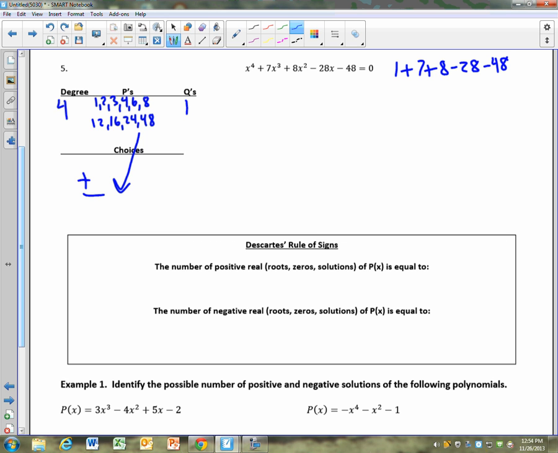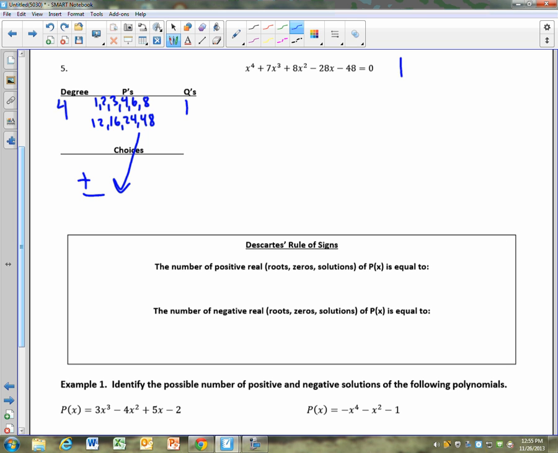Wait a minute. Scott looked at that already and he saw the minus 48 is just too big along with the minus 28. It's just going to cancel everything else out. So you see how he saw right away that 1 would be a bad choice? Smart thinking. In fact, it's so far off that he probably saw that -1 would be a bad choice, but let's just see for sure.